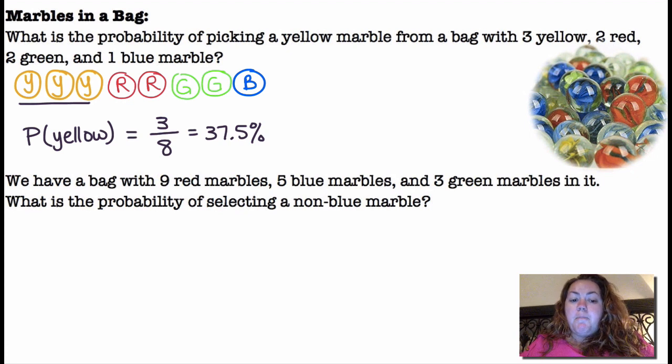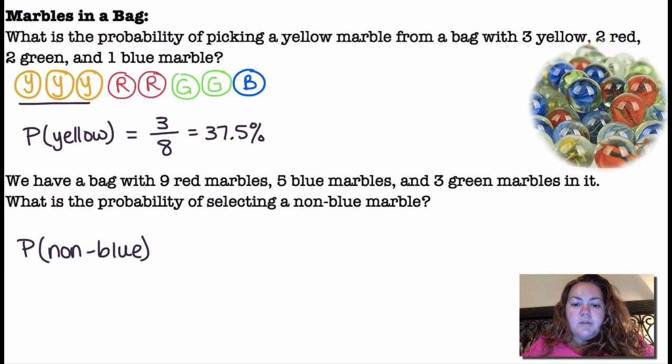We have a bag with 9 red marbles, 5 blue marbles, and 3 green marbles in it. What is the probability of selecting a non-blue marble? This time I'm going to do it without drawing it out. But if you need to draw it out, you can still do that. I want a non-blue marble. So in order to be a success, it has to be a color that's not blue.